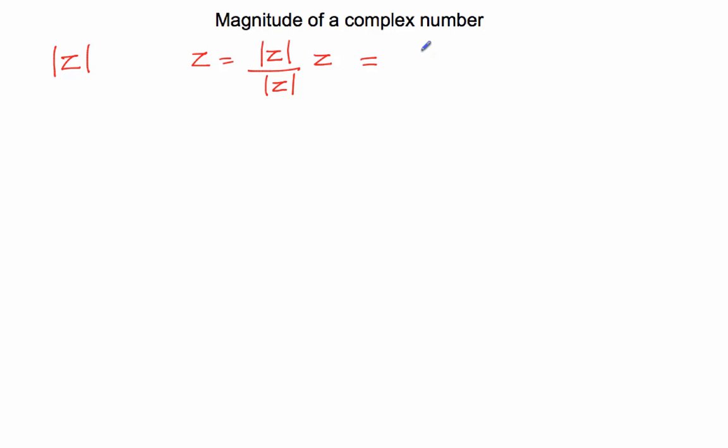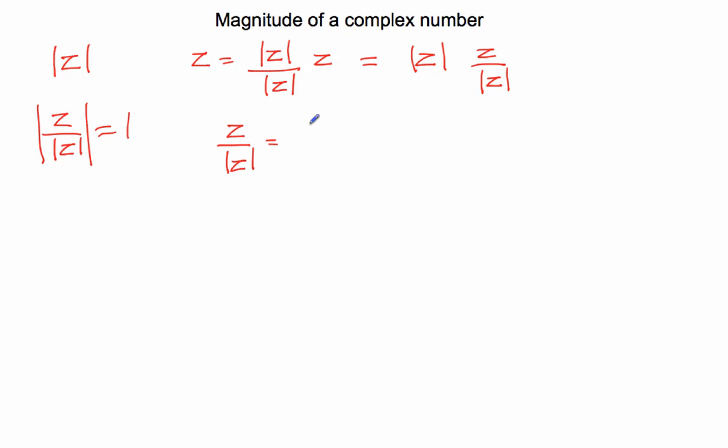But I can write this slightly differently. Let me write this as magnitude of z times z over magnitude of z. So this over here is a complex number with magnitude 1, meaning that if I take z over |z| and take its magnitude, well, that's 1. And that's pretty obvious. Now, I'm going to write this complex number with magnitude 1 in a peculiar form.